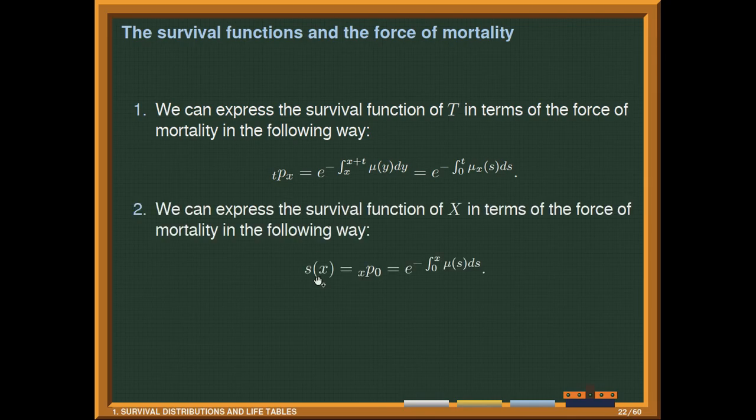We can express the survival function of x this way in terms of p, and from a previous slide also, it's written out this way. So the survival functions of t and of x in terms of the force of mortality are given by these expressions. Okay?